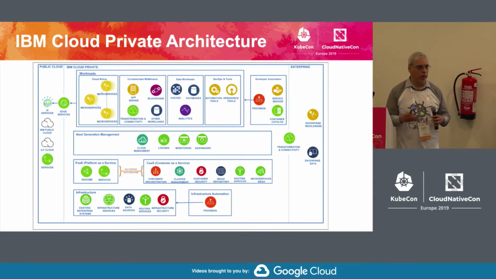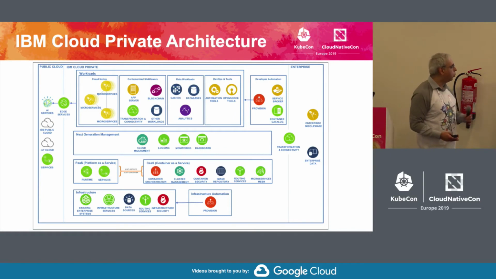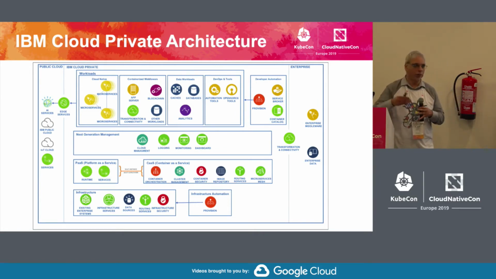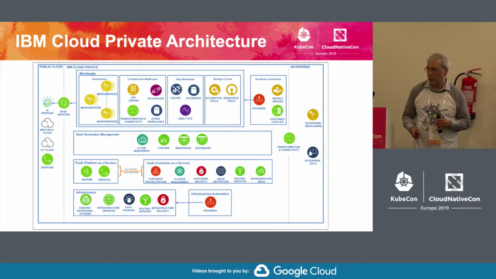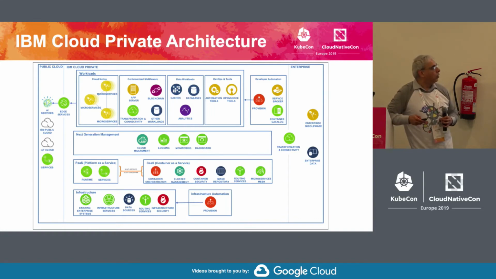If you want to connect to that and consume services from z/OS or Z Linux, we support that. For Z Linux, IBM Cloud Private can actually run on Z Linux, right? So we support all the Linuxes. Okay. So that's kind of the private cloud side.